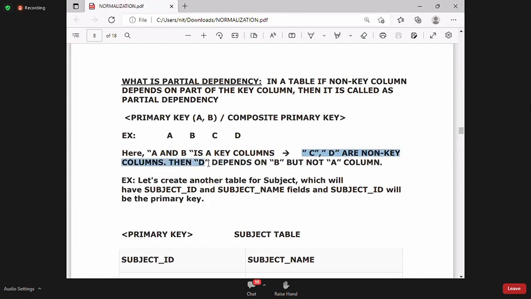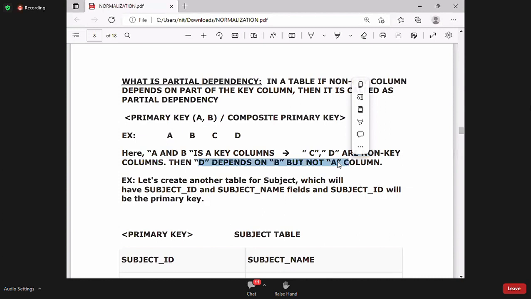Then D depends on B but not A. Otherwise, D depends on A but not B. Otherwise, C depends on B but not A, or on A but not B. So if a non-key column depends on any one of the key columns only, not both, it is partial. Suppose D depends on both columns, then it is called fully dependency.